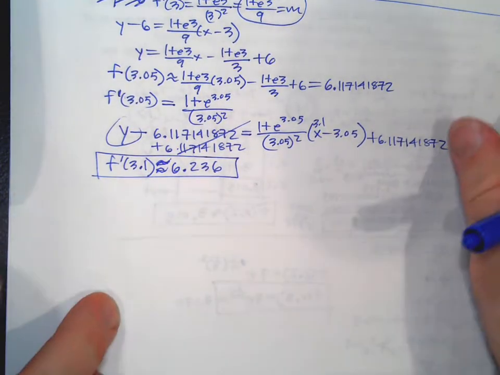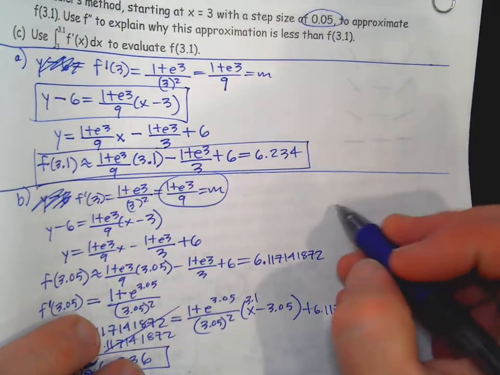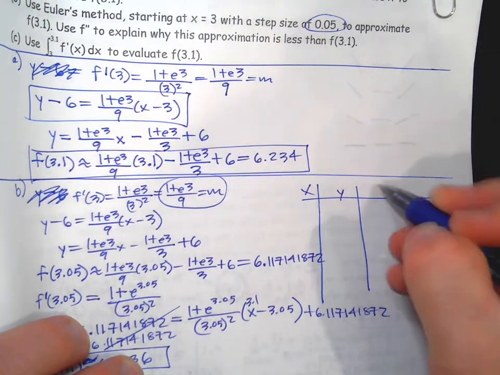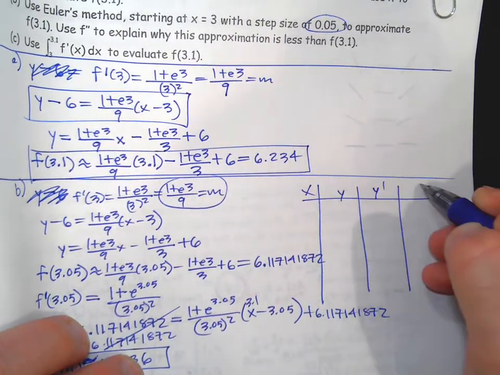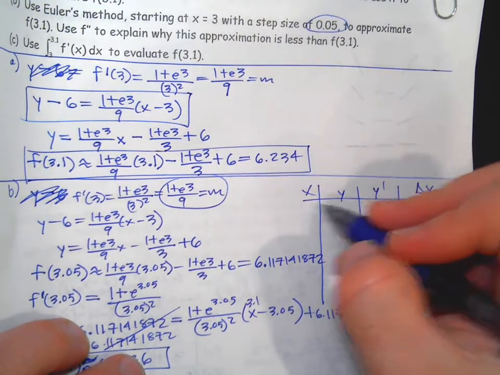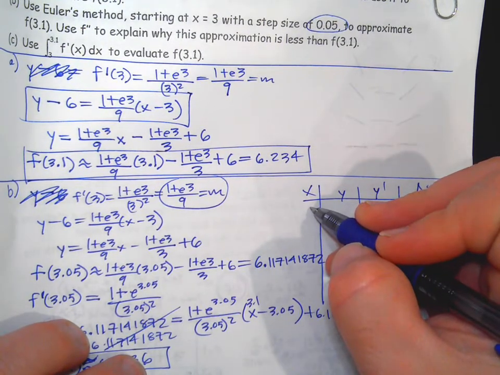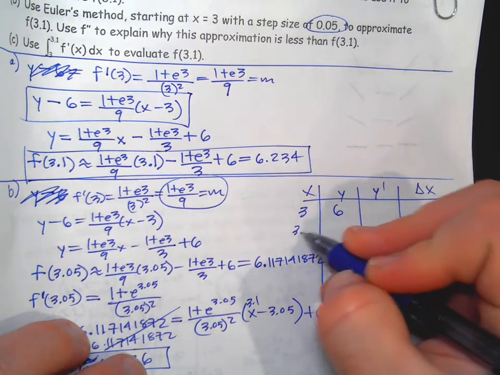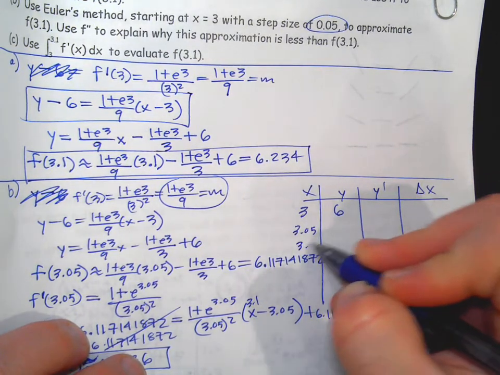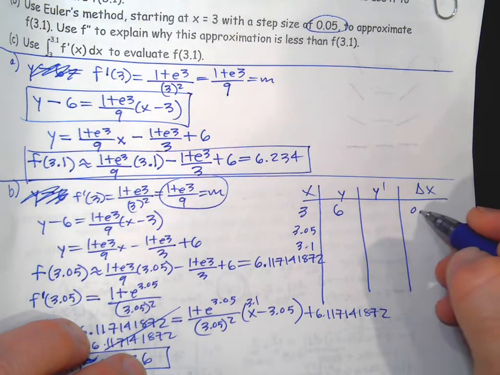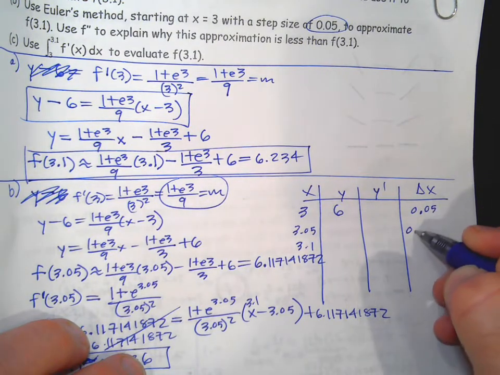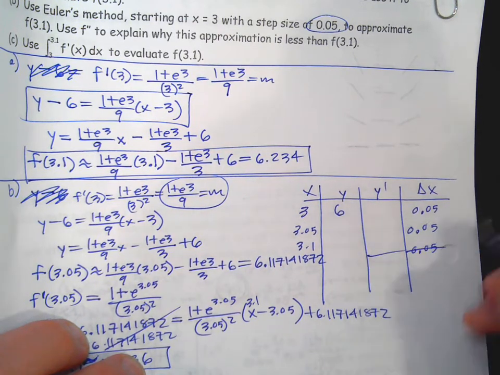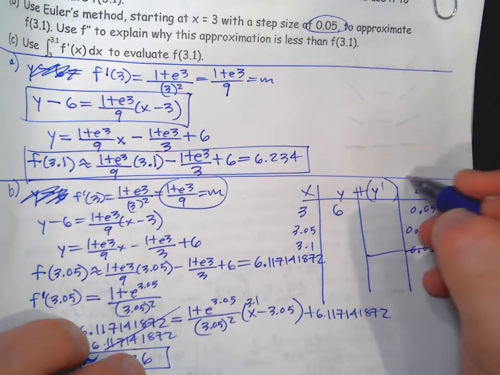Doing the table: x, y, y prime, delta x. You're starting at 3 comma 6. You're going 3.05, and you're going 3.1. Delta x is 0.05 each time. It's going to be this plus this times this.